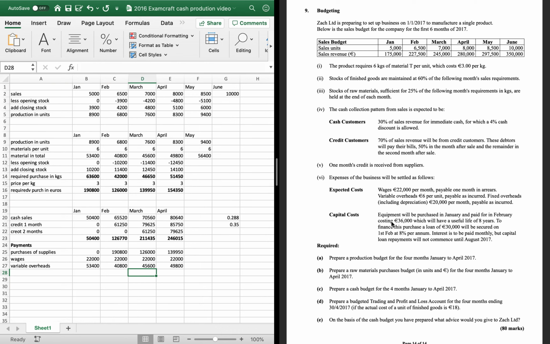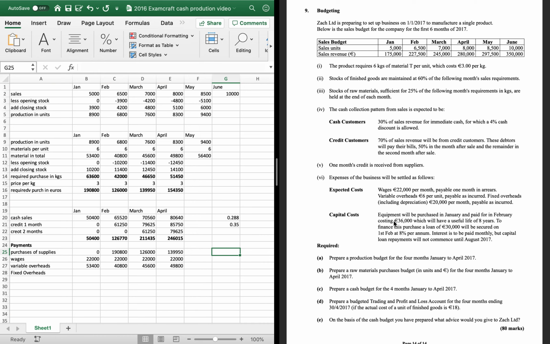Fixed overheads including depreciation, 20,000 a month. So you never include the depreciation. All right, so 20,000 a month, you don't include them, so you have to work out what the depreciation is. The depreciation is on the equipment that we buy. So you buy it in January and pay for it in February. That's a strange one.